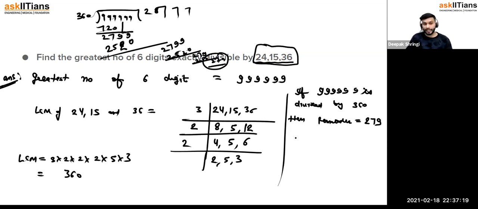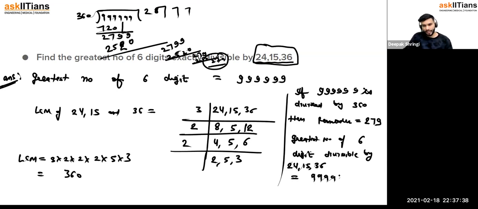So the greatest number of 6 digits divisible by 24 and 15 and 36 would be 999,999 minus 279. So it's 999,720, right? Got the process?